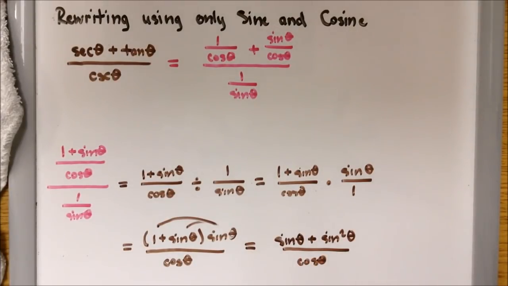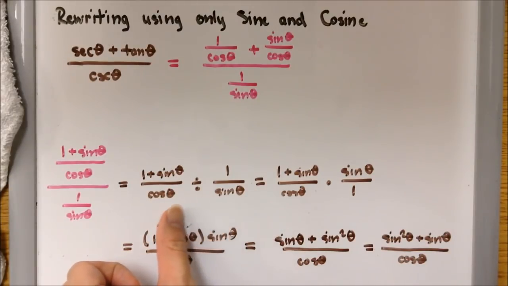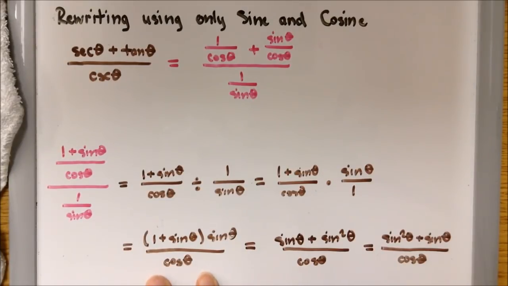Now typically, when we have something like this, we put the ones with the highest exponents first. So sine squared theta plus sine theta over cosine theta. Now, I did this because sometimes there are two forms of answers. You can have this or this.